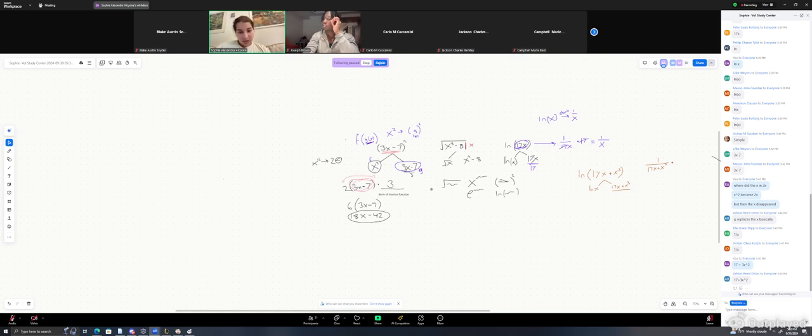Good. 17 plus 3x squared. Now I want to highlight this, so I'm doing it in a different color. When you're multiplying that derivative of the interior, please put parentheses, okay? Otherwise, your order of operations is all messed up.